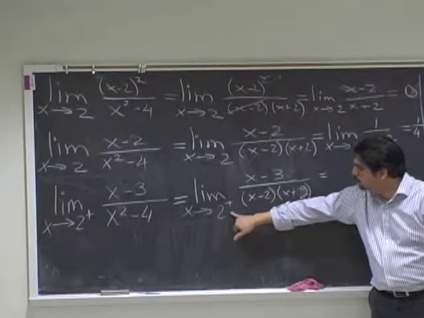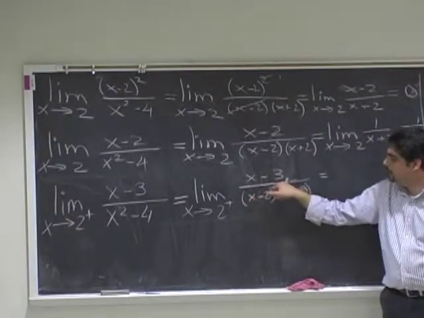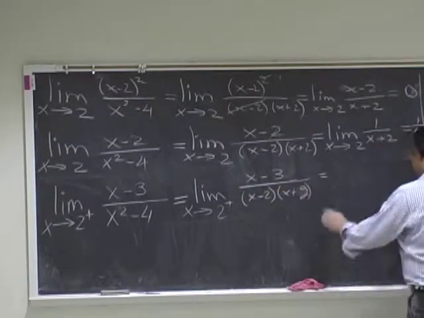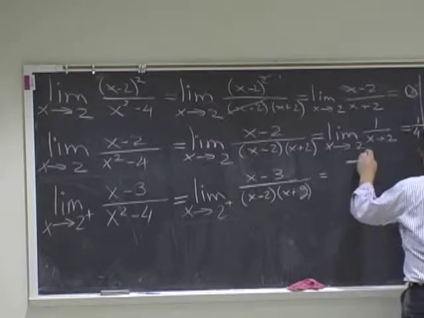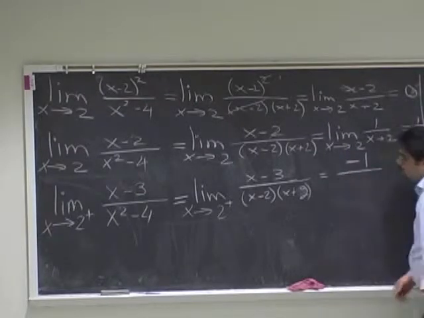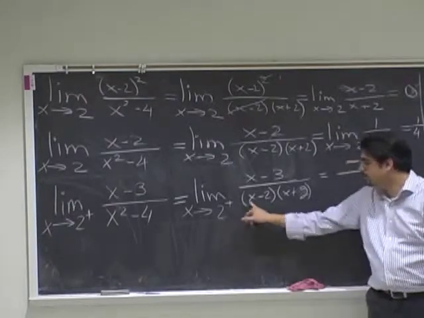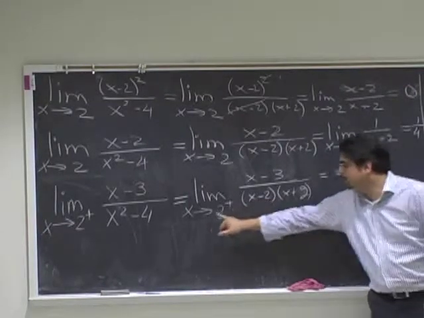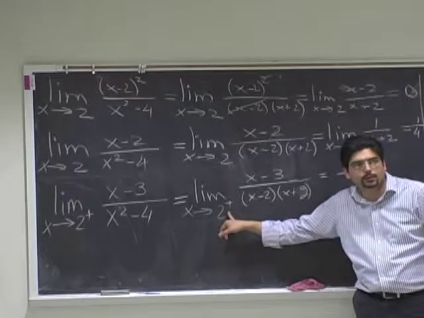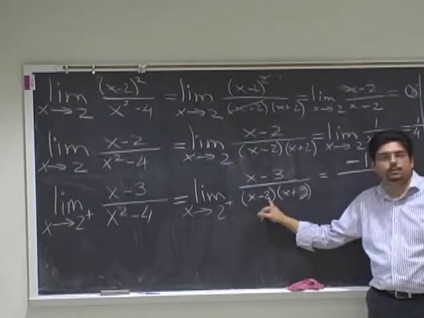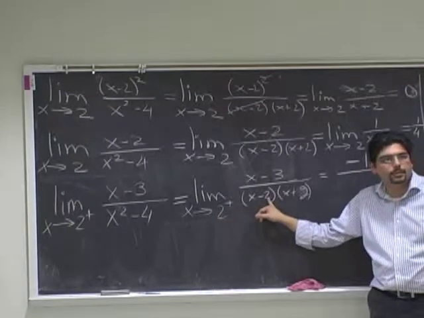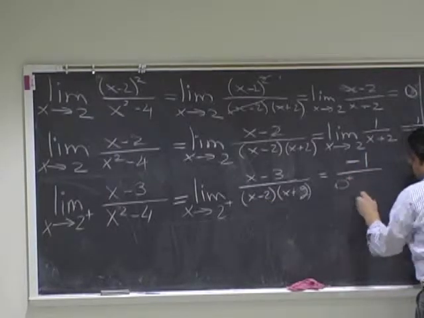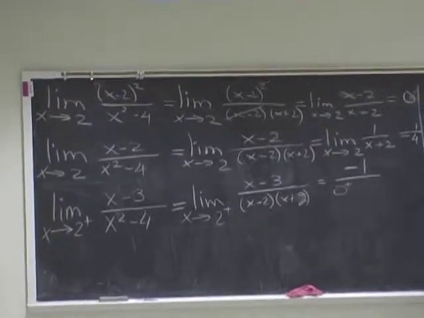When x is near 2, x minus 3 is near negative 1. When x is near 2, x minus 2 is near 0. When x is near 2, but x is more than 2, x minus 2 is close to 0, but positive. It's a positive small number.